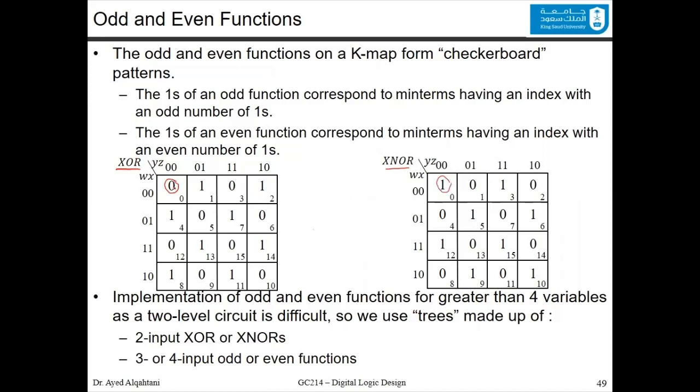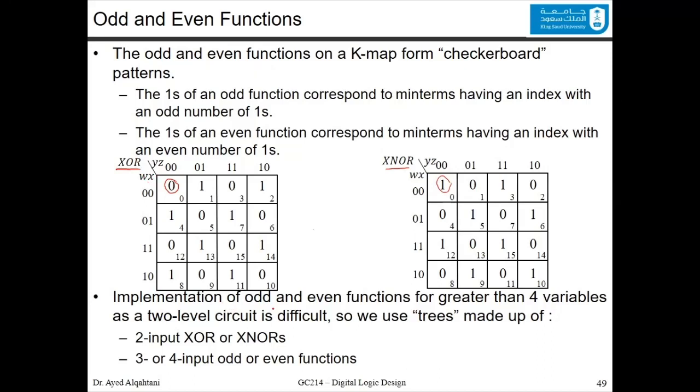Again, I'm reminding you the way to fill it is 0, 1, 1, 0, and so on. So the moment you see this pattern, you know for sure it's an XOR function of 4 variables.